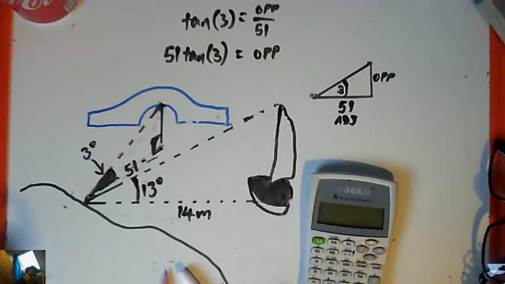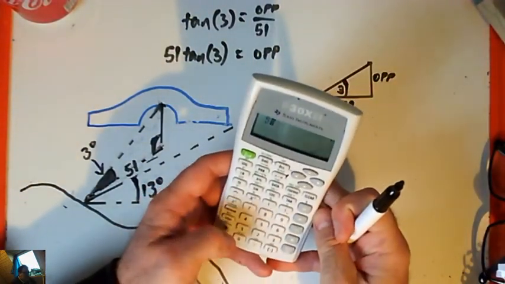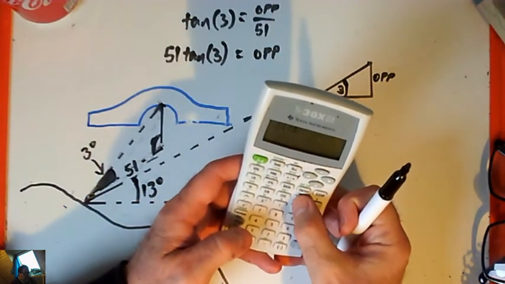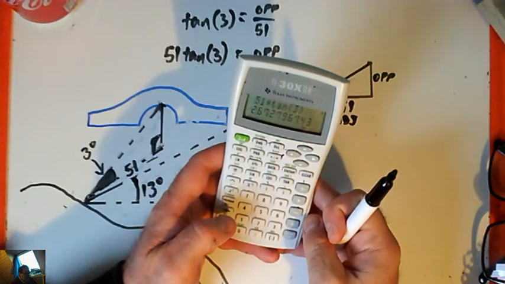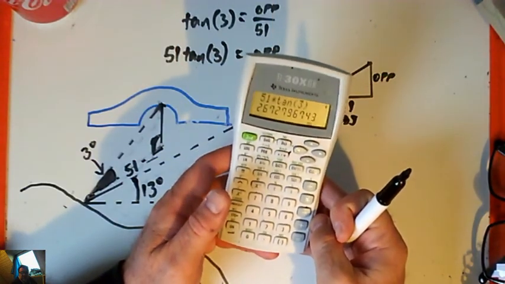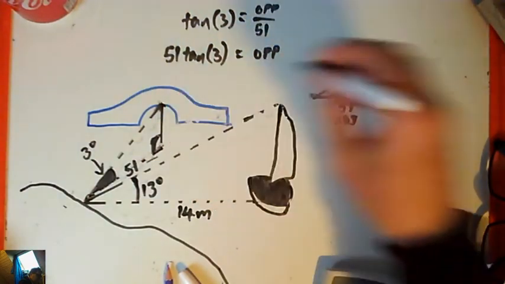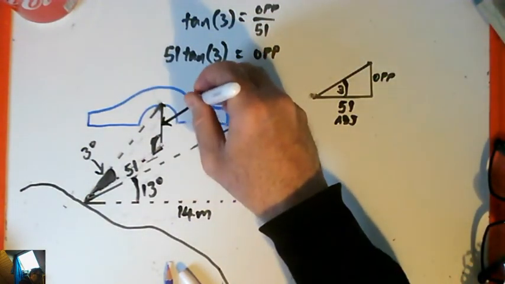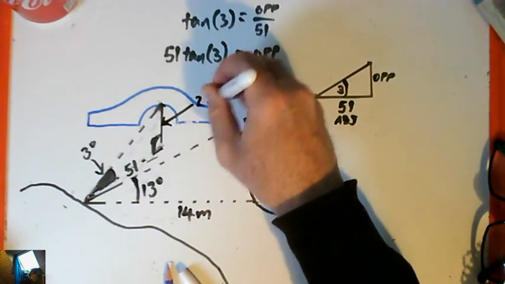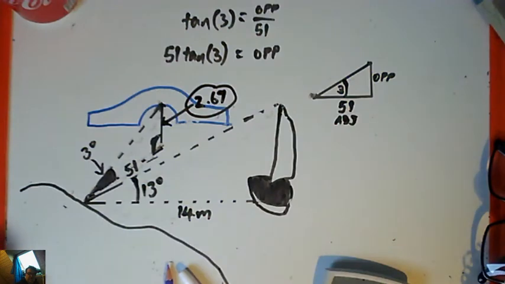So I can do that on my calculator. 51 times tan of 3, close bracket, is 2.67. So the amount of clearance under the bridge is 2.67, whatever the units are, meters I suppose.